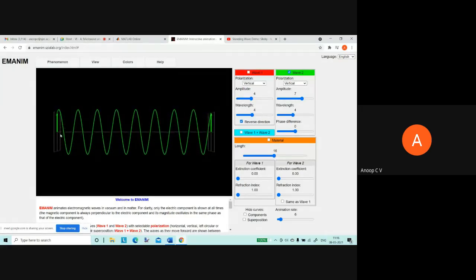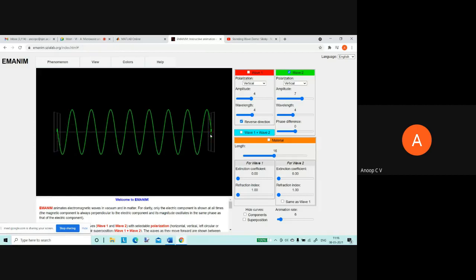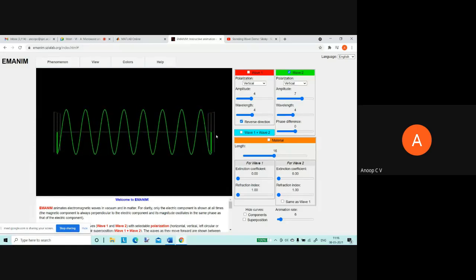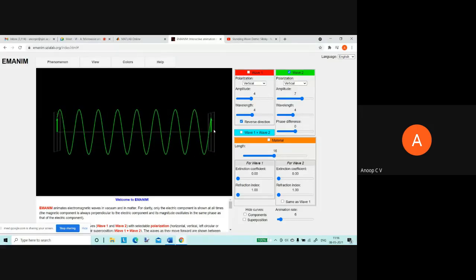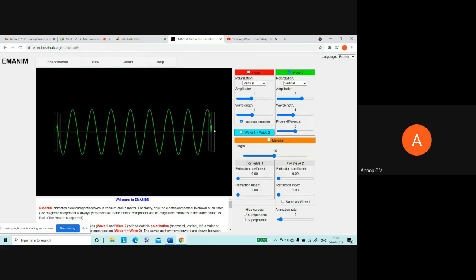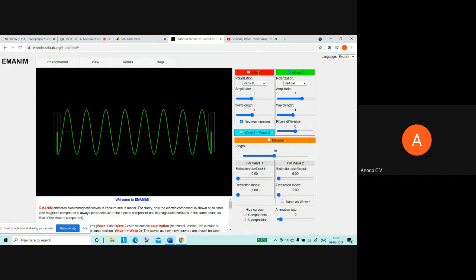If we have a transmission line which is properly matched, the entire incident power will be delivered to the load. If it is not properly matched, that is ZL is not equal to Z naught, a part of the power will be delivered to the load and the remaining part will be reflected back.